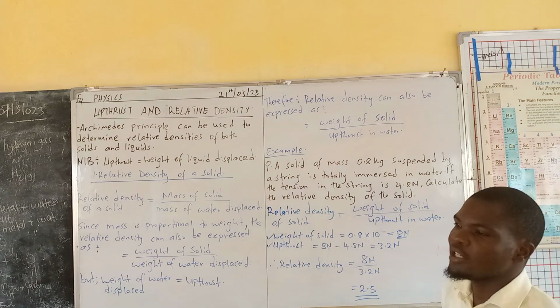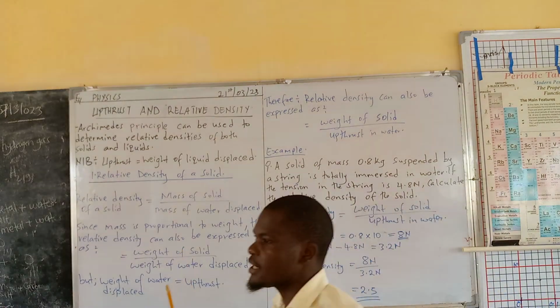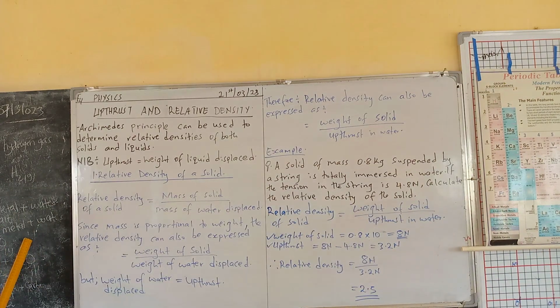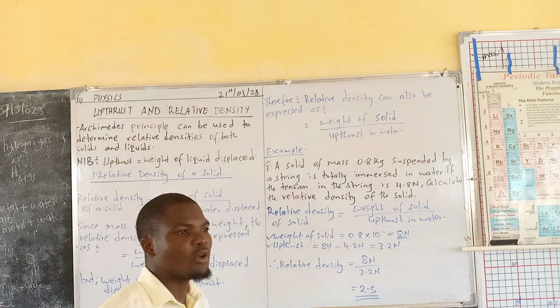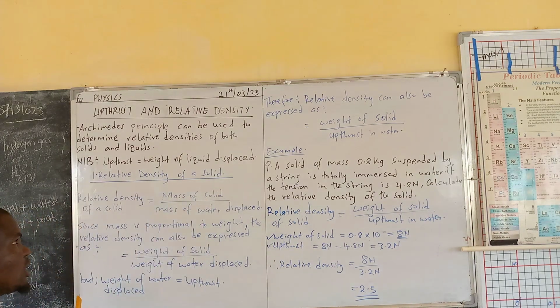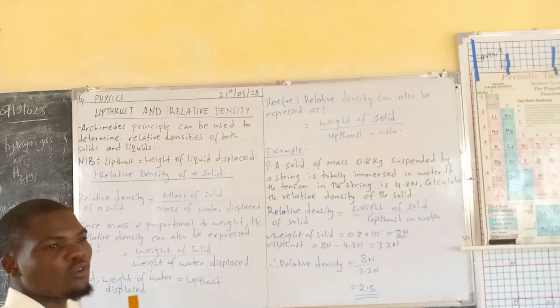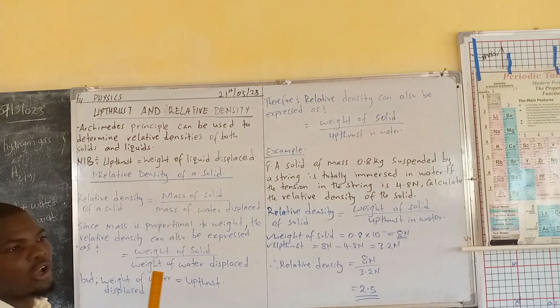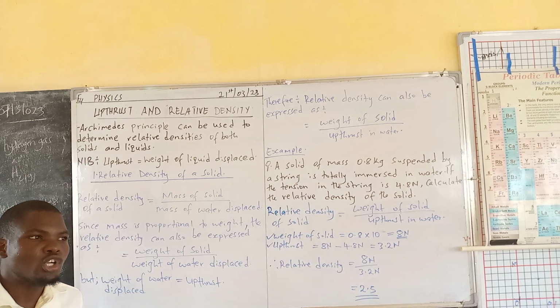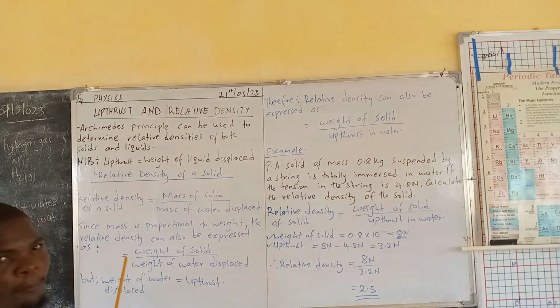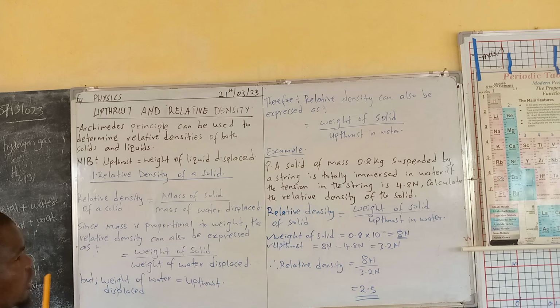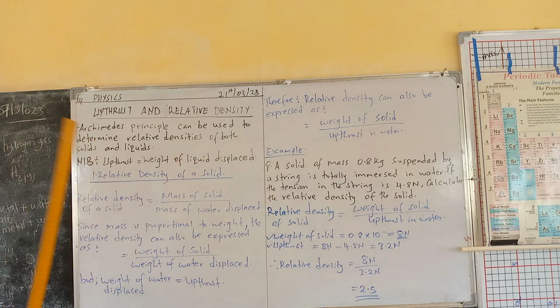This object displaces a given amount of liquid in which it is immersed. The weight of this liquid displaced, according to Archimedes' principle, should be equal to the upthrust in this particular liquid. So Archimedes' principle can be used to determine the relative densities of both solids and liquids.